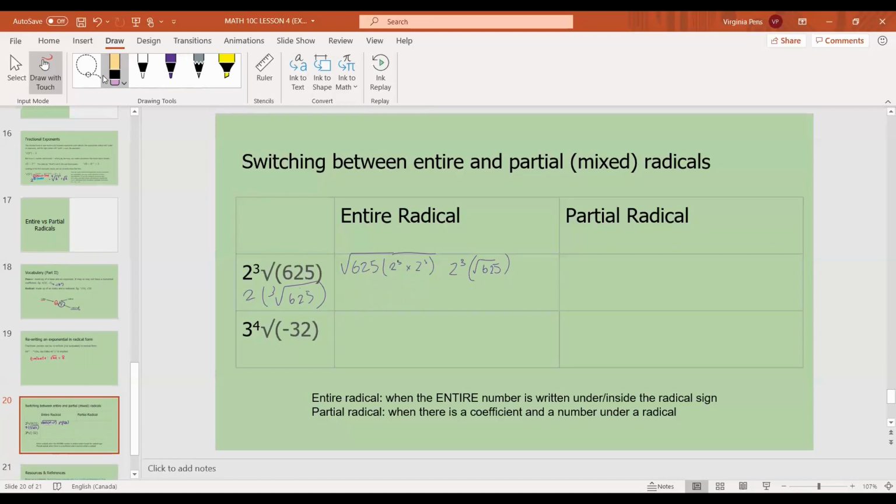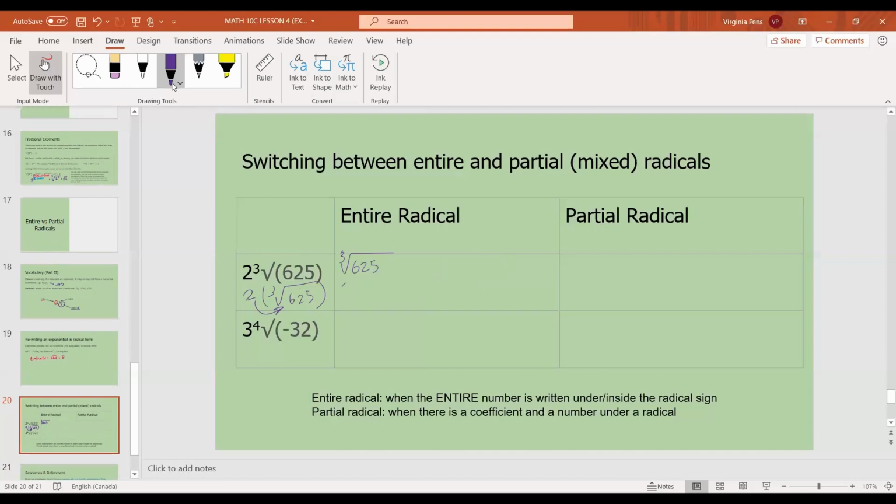I have to erase this. Let's go back to square one and add an index of 3. This shows how important the index is, because if you get it wrong, then your entire answer is wrong. Let's work through this again. This time we want to bring the 2 under the cube root.